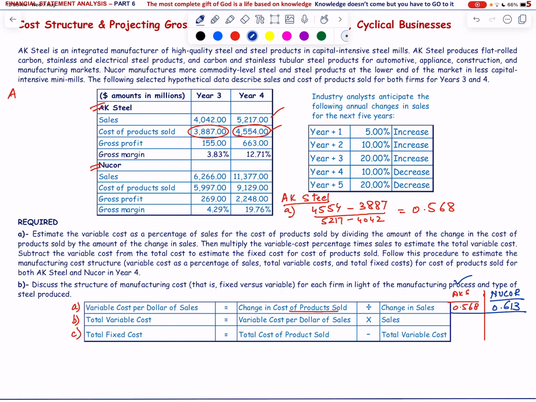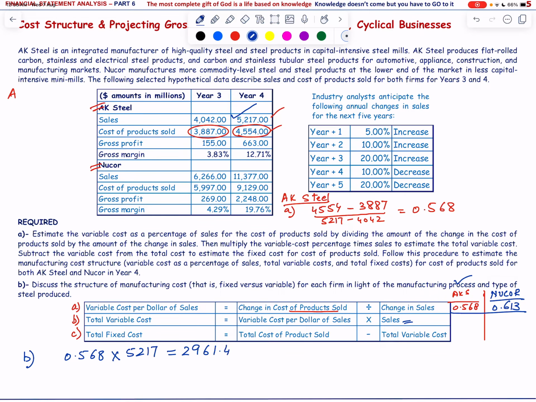Then let us calculate B, the total variable cost. The total variable cost will be the variable cost per dollar of sales, that is 0.568, and I have shown you how we get this value just now, multiplied by the sales for the year 2015, that is 5217, and this will be equal to 2961.48.